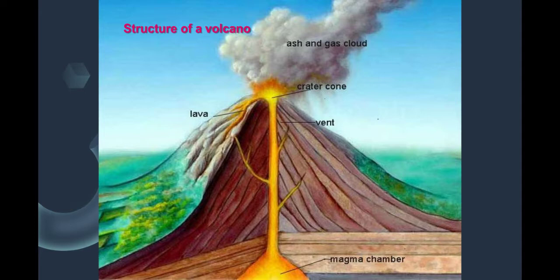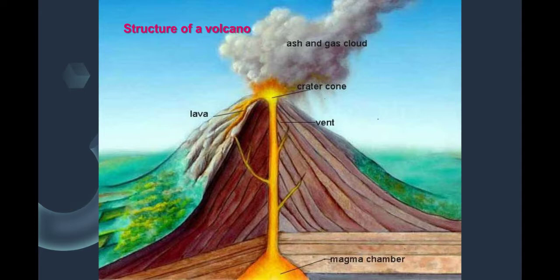So the lava comes through a vent, and there you see the crater and cone, the lava comes out and ash and gas and whatever is inside comes out, and this is called the volcano. Remember, volcanoes also give us pollution which comes because of the ash and gas which comes out.